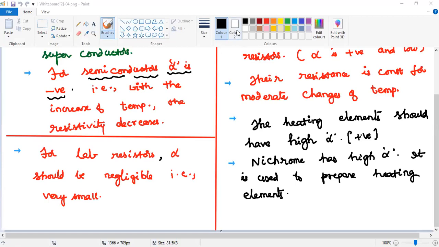So finally, here we found nichrome is a good conductor.